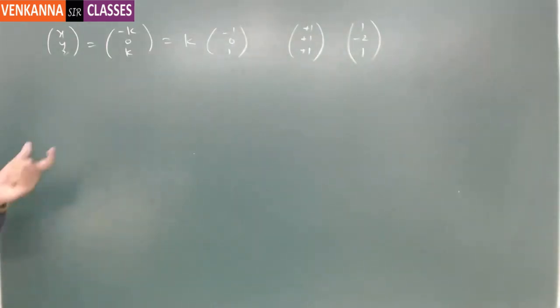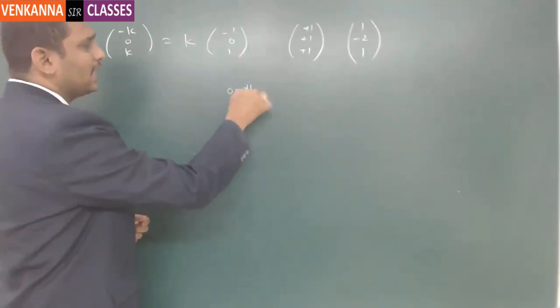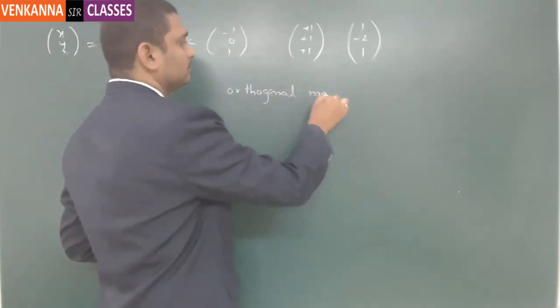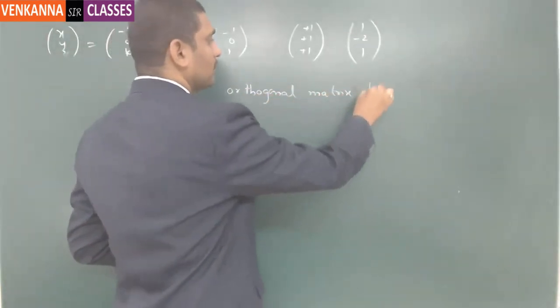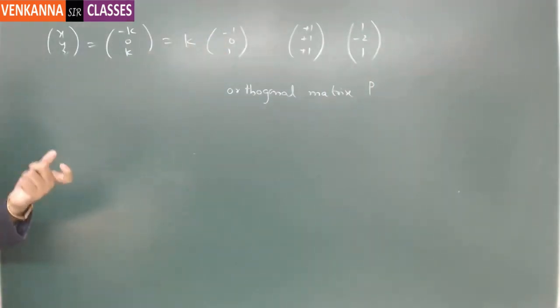In this problem, orthogonal reduction is nothing but finding an orthogonal matrix P. Usually we will get a diagonal matrix. How are we going to get it?